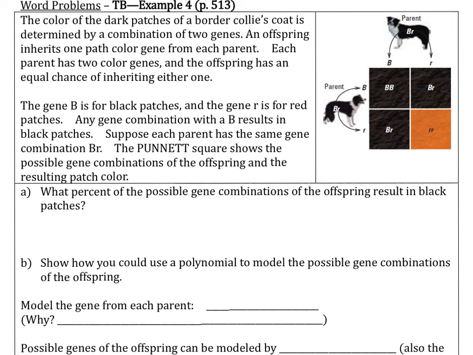And I told you earlier that if you have a B, then it will result in a black dog. So let me first write all the combinations, BB, BR, BR, and RR. And 3 of these will result in black. So this represents 75% of the possibilities.